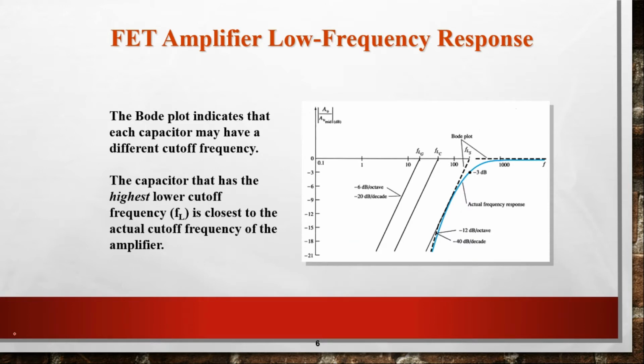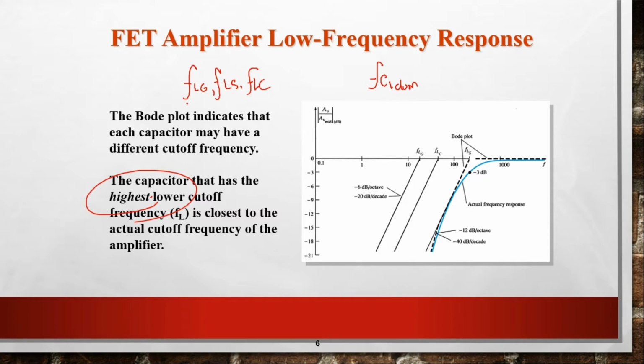So, okay. So, pagka-compute natin ang values ng FLG, FLS, at FLC or FLD, ang pipiliin natin sa kanila ay yung pinaka-mataas at yung i-consider natin na FLdom or Dominant Low Cutoff Frequency.